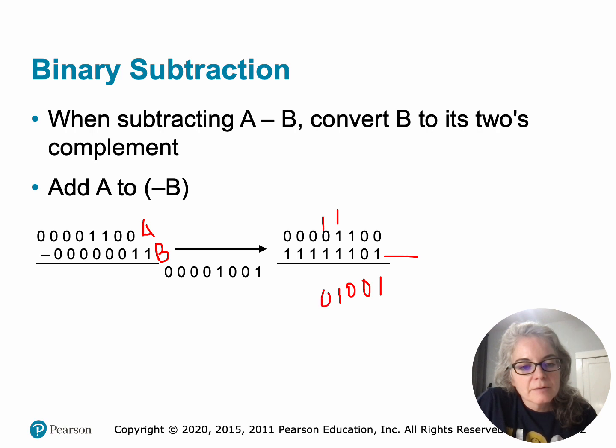Then 1 plus 1, and we carry 1. 0, carry 1. 0, carry 1, 0. So if this is A and this is B and you have to subtract them, then this is going to be the answer of A minus B.